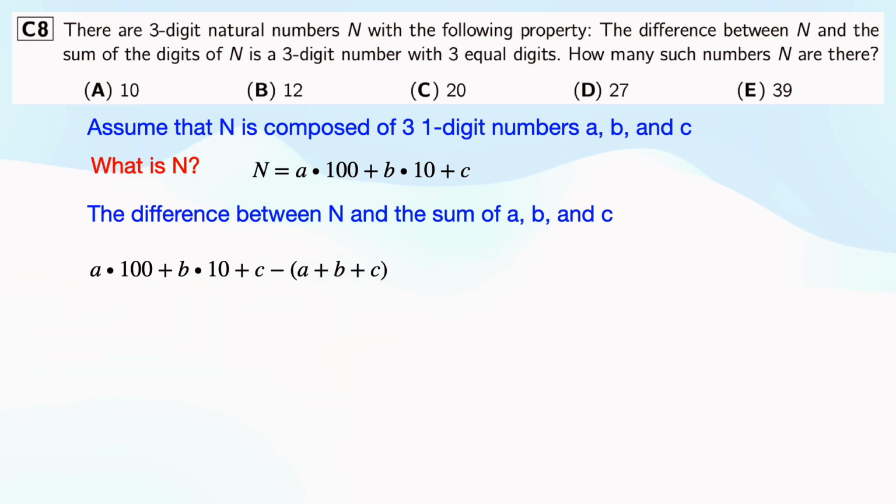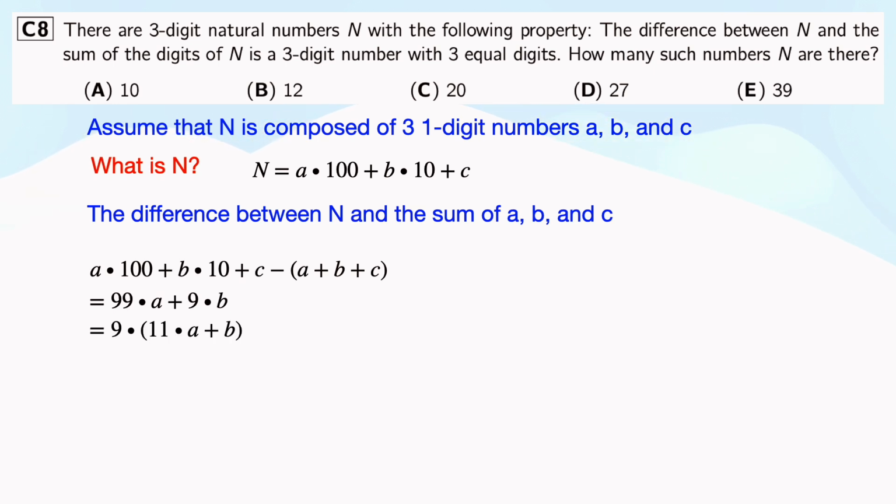So n minus the sum of a, b, c is equal to a times 100 plus b times 10 plus c, minus (a plus b plus c). Let's simplify it so we get 99a plus 9b.